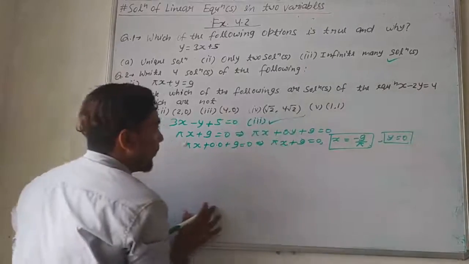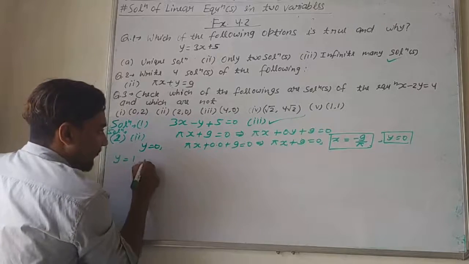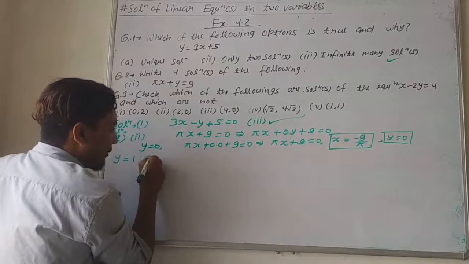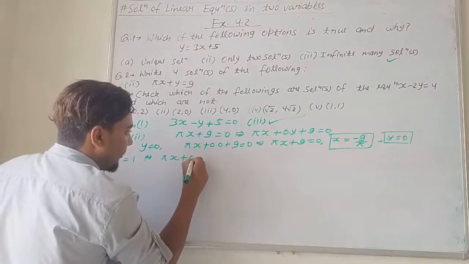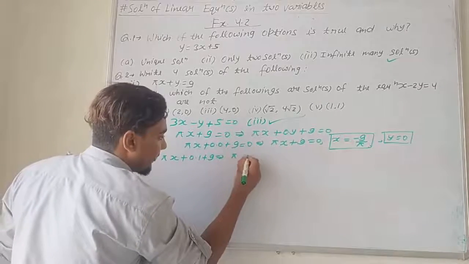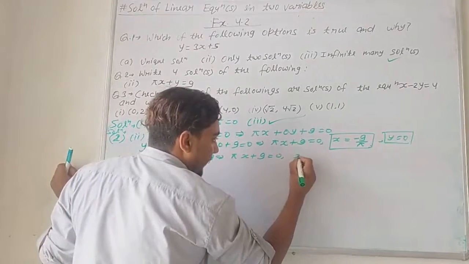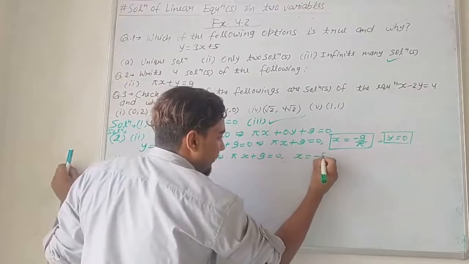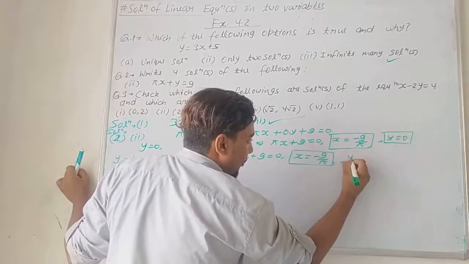Similarly, we can take y equal to 1. We will again get pi x plus 0 into 1 plus 9, again pi x plus 9 equal to 0. So from here we get x equal to minus 9 divided by pi and y equal to 1.